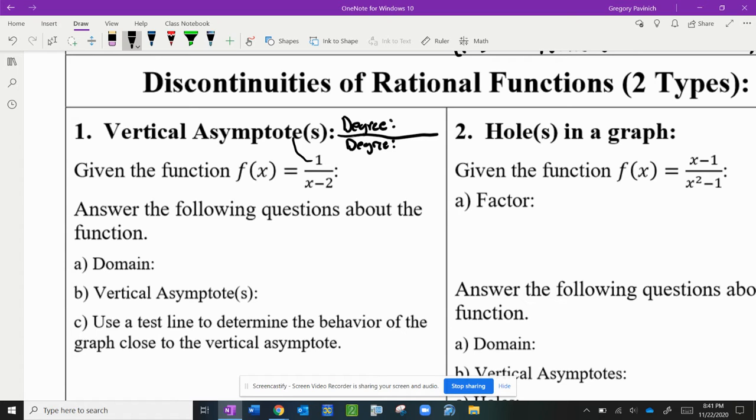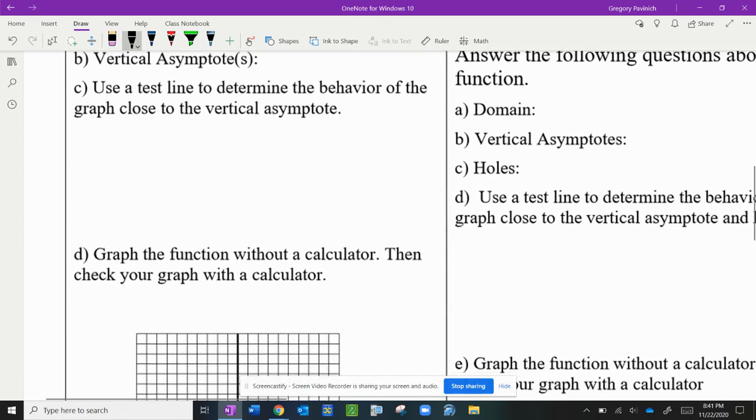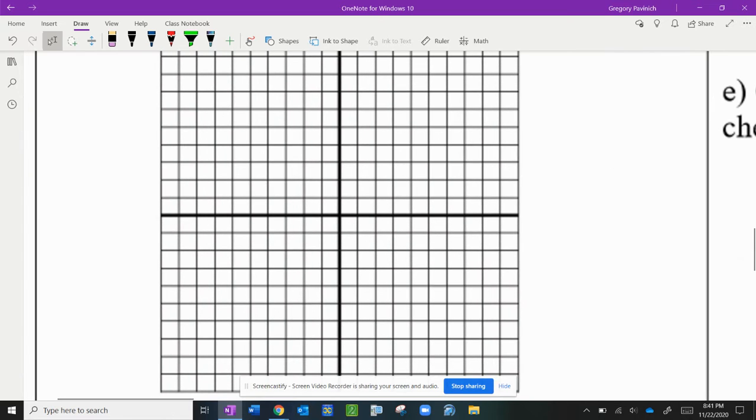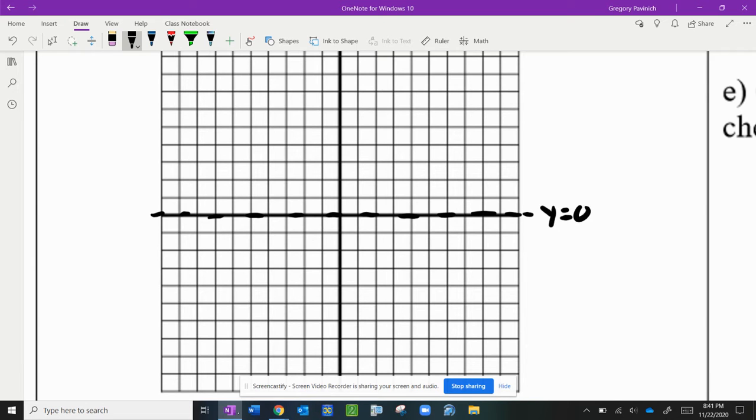I have this top polynomial and its degree is 0, and then I have this bottom polynomial and its degree is 1. So the degree of the numerator is less than the degree of the denominator, and it has a horizontal asymptote of y equals 0. So I could just go down here and put that in. When I find a piece of information, I like to just go plug that information in. So I have y equals 0.